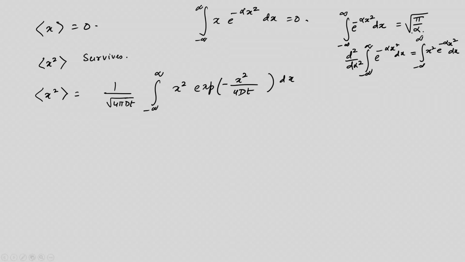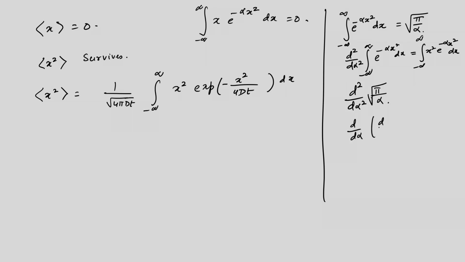And so, ultimately what one needs is to take a d2 d alpha 2 of this root over pi over alpha, and so this is like a d d alpha of alpha to the power minus half, and then you can easily figure out, and this has a value which is 2Dt.